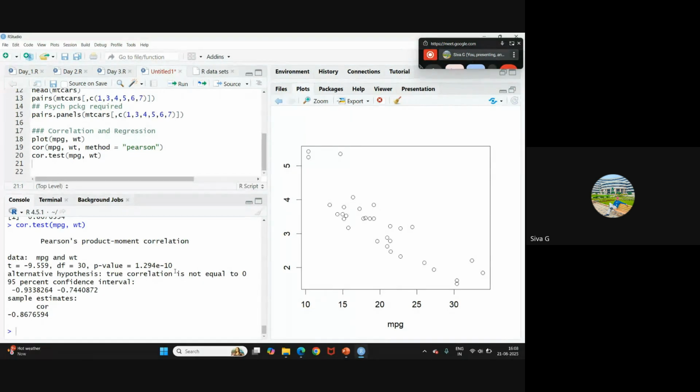We know that when the p-value is less than 0.05, it is statistically significant, and if the p-value is close to 0, highly significant. If the p-value is close to 1, we call it highly insignificant. Now, my p-value is less than 0.05, almost close to 0, so we can say the identified correlation between the two variables is statistically strongly significant.